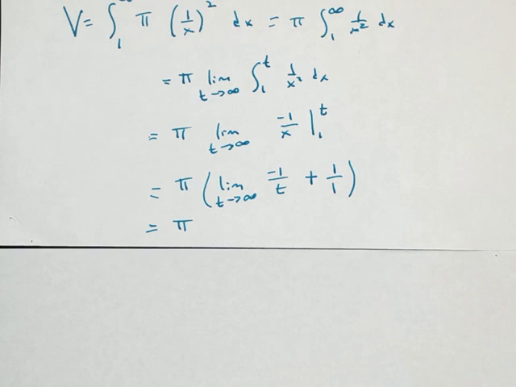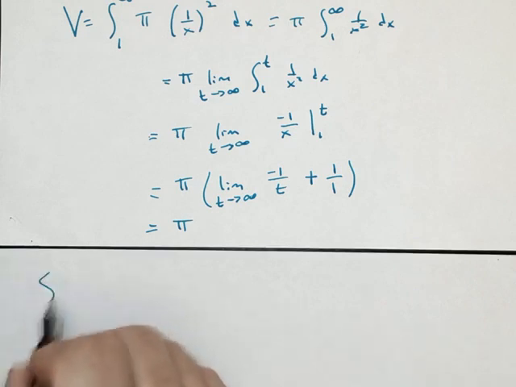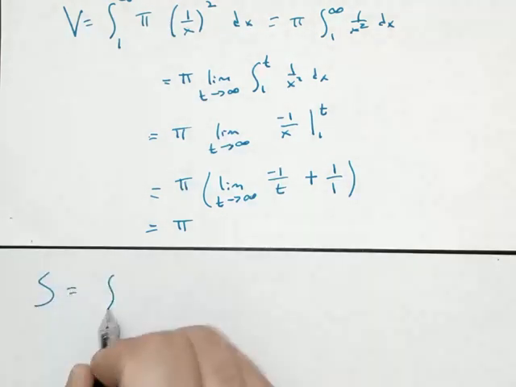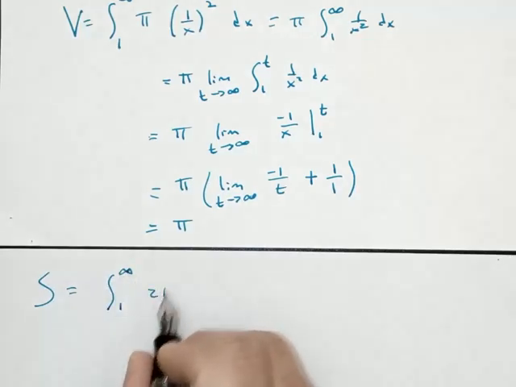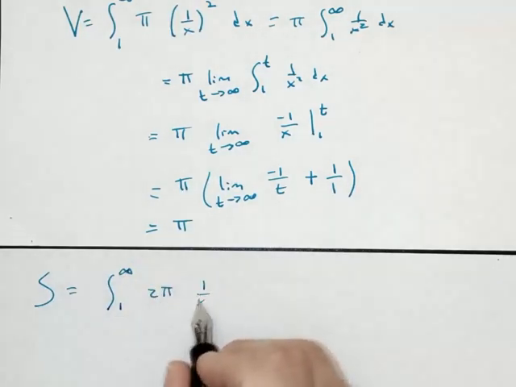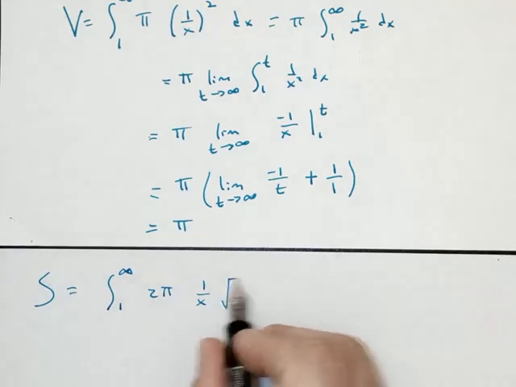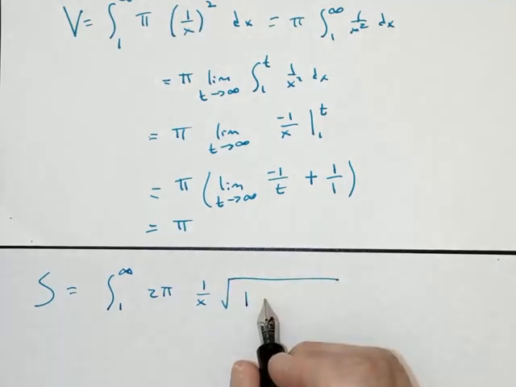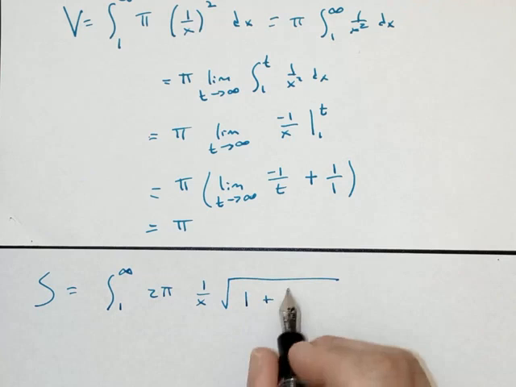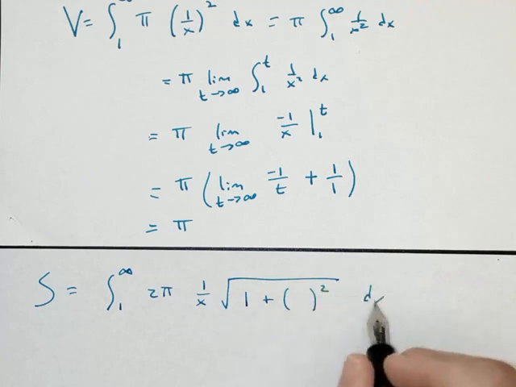What's the area of the surface? What goes inside that set of parentheses?